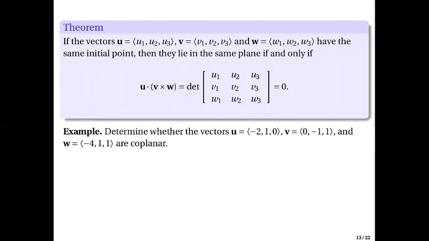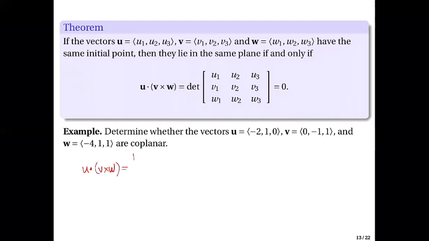If it is not equal to 0, then they are not coplanar; they don't lie on the same plane. If the determinant is equal to 0, then they lie on the same plane. So let's see, u dot v cross w.